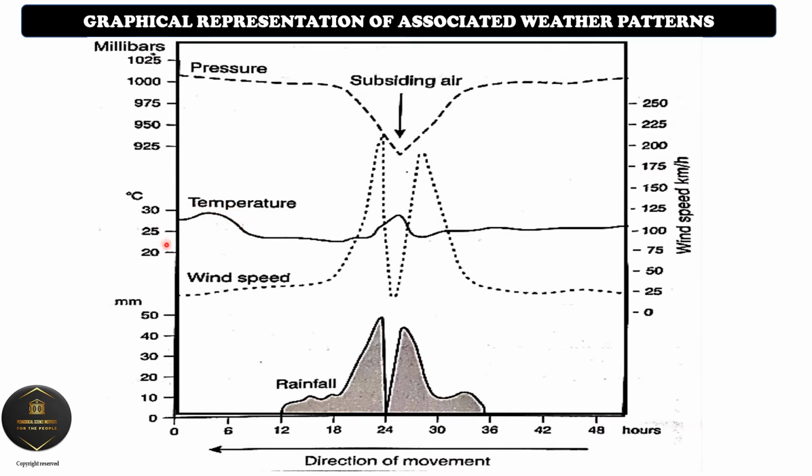So we see that our temperature was roughly 27 degrees Celsius, and it spiked up to roughly 30 degrees Celsius, and it decreased to 25 and downwards.